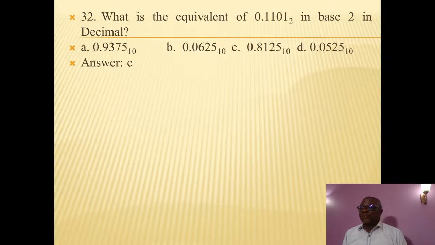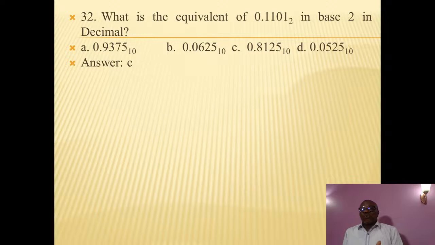Now, how did we get the answer to be C? When we say fixed point, immediately you cross the point to the right, you are moving from positive to negative. So here we have to the right 0.1101.